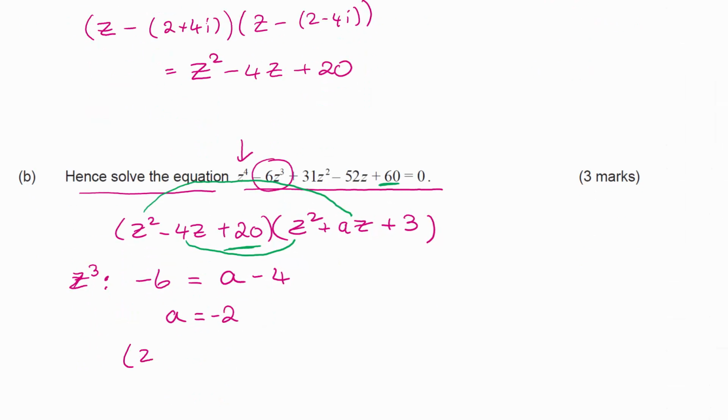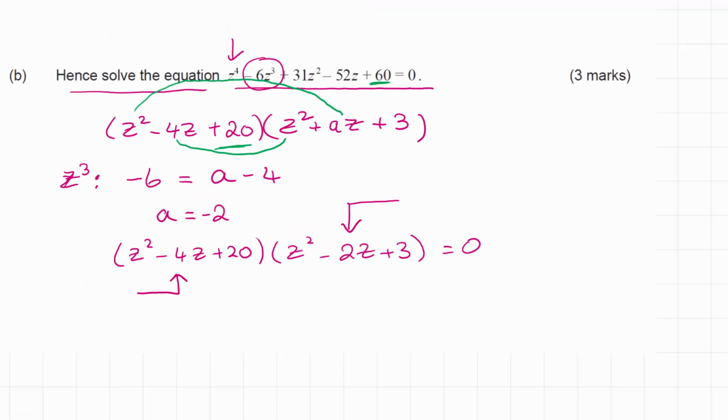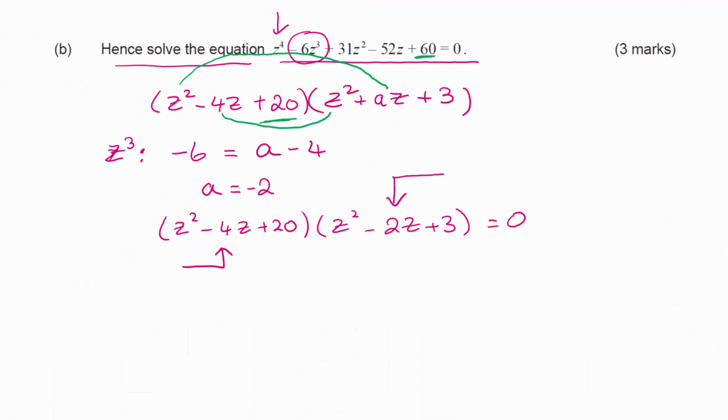So we have z squared minus 4z plus 20 times z squared minus 2z plus 3 is equal to 0. We already know the solutions that come from here. We're now after the solutions that come from here. So let's use the quadratic formula.